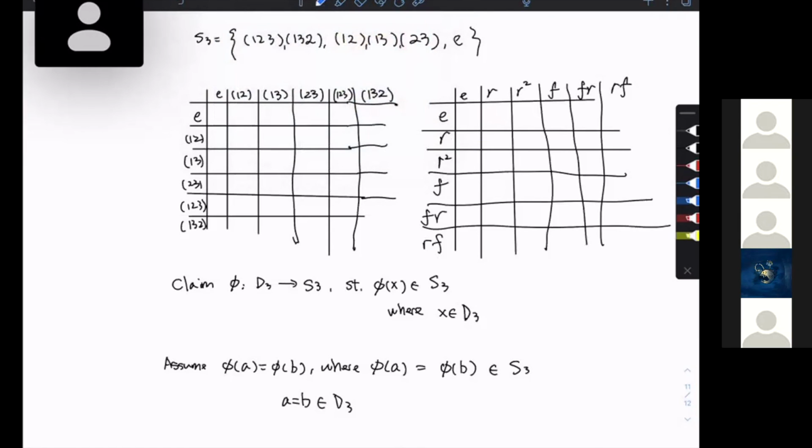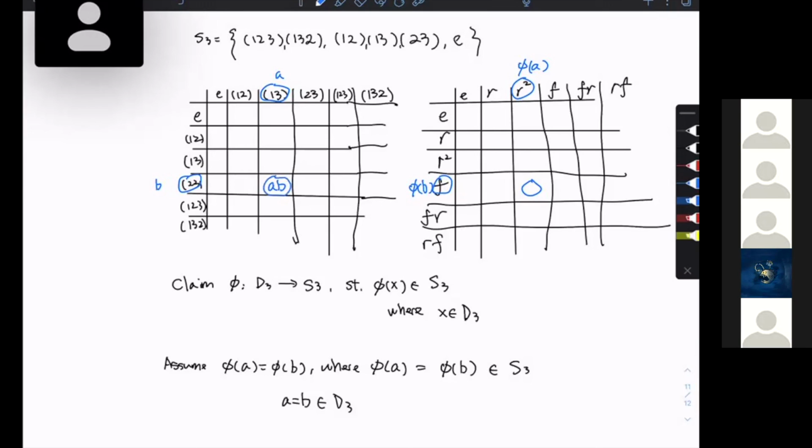Say we choose (1 3) and (2 3) as A and B. So we want to find psi A and psi B, which is R squared and F. So psi AB, which is this cell, and if we check the left-hand side of the table, AB is this one, and we know that the mapping we just defined is bijective.